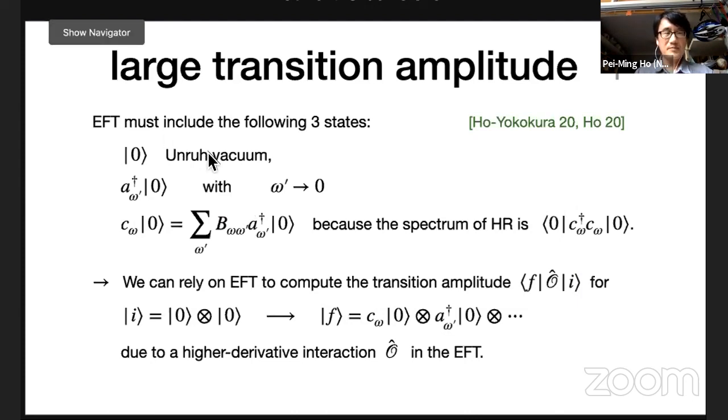The effective field theory must include these three states in order for you to say that you have Hawking radiation. Now we consider the transition from the en-route vacuum to a final state including particles such as C acting on the vacuum and other very low energy particle states. And then we consider invariant operators as interactions that could lead to such a transition.